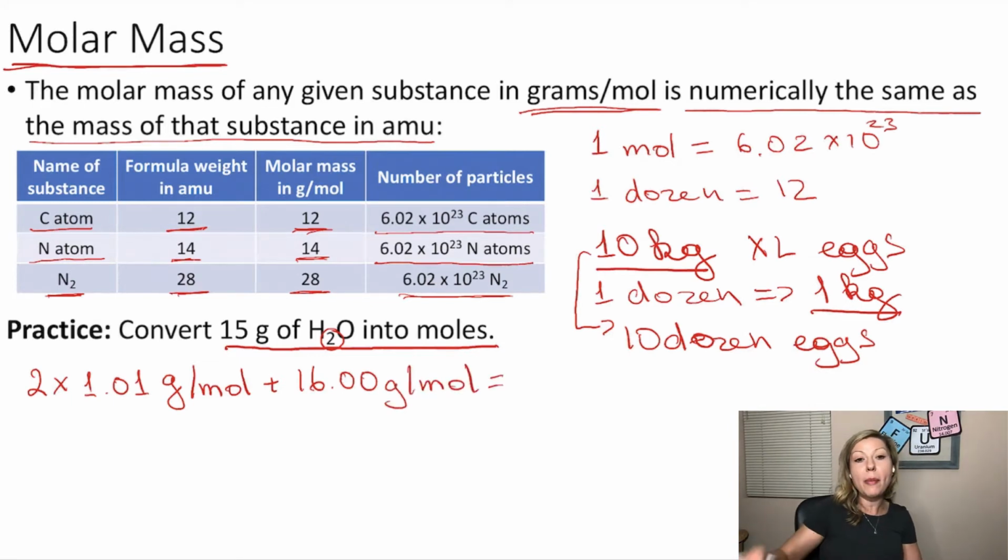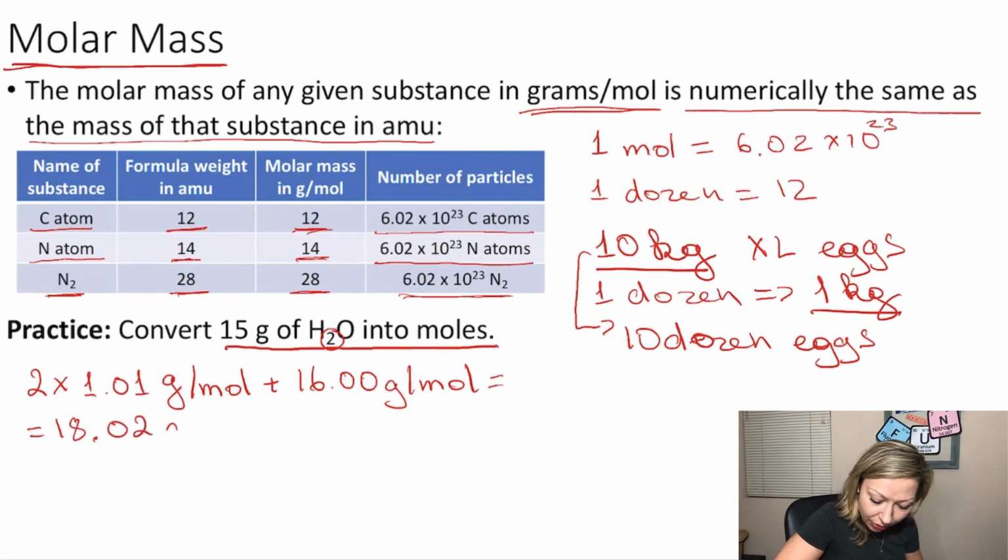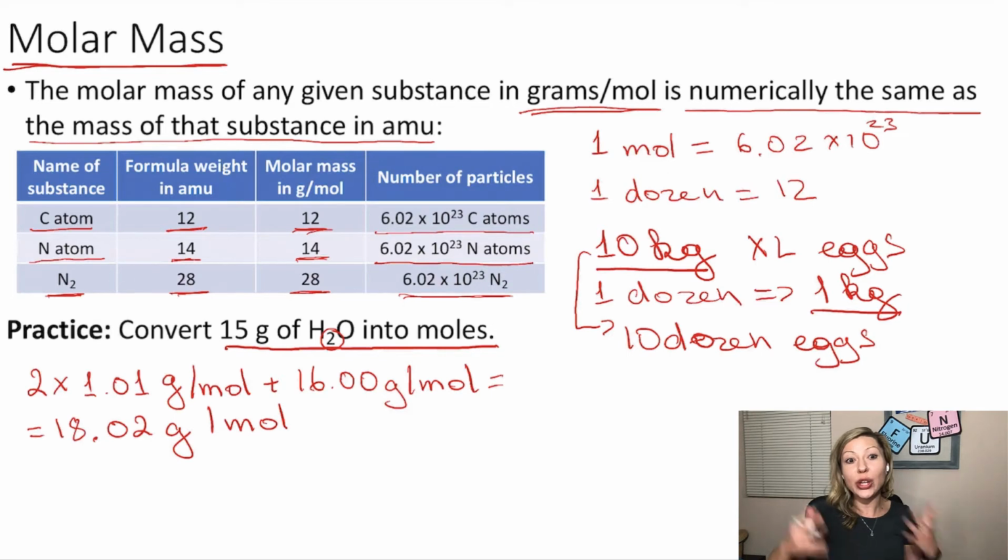So the molar mass of H2O is going to be 18.02 grams per mole.